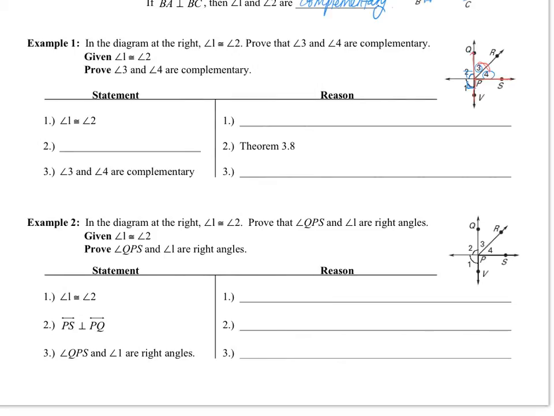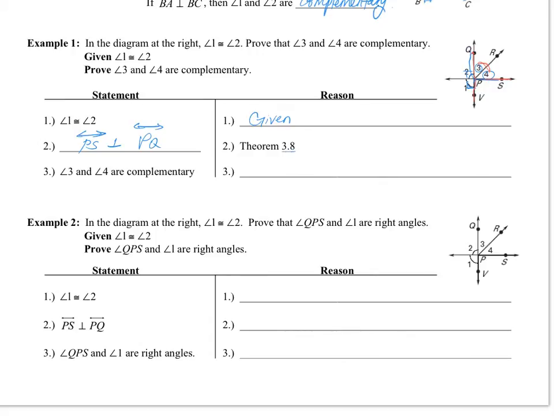So I'm going to let angle 1 congruent to angle 2 be my given. And since they're congruent, I can say that line PS is perpendicular to line PQ by theorem 3.8, as I said earlier.